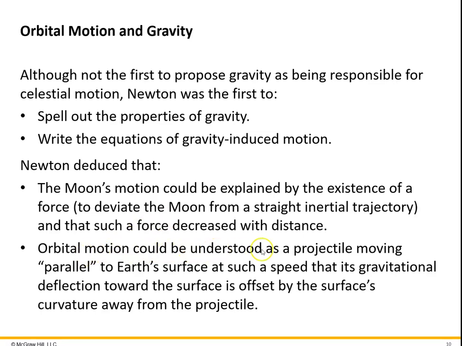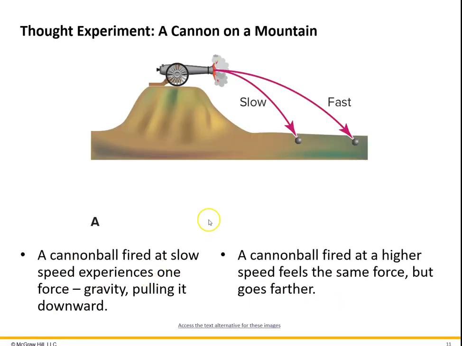So orbital motion can be understood as projectile motion. Remember, projectile motion is like when you fire something into the air and it makes a curve through the air, parallel to the Earth's surface, such that the speed is gravitationally deflected towards the surface. It's kind of hard to understand that with just words. It's kind of easier to see it.